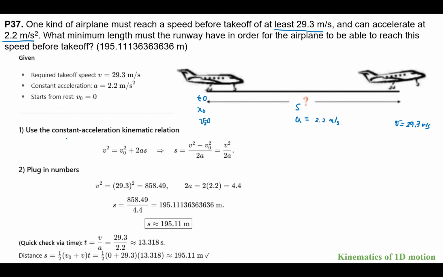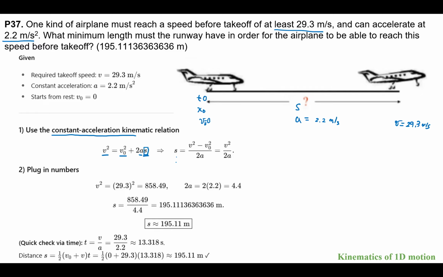For the constant acceleration kinematic relation, we have a very useful equation for finding the relation between velocity, acceleration and distance all together. It is not related to the time at all, but just the initial velocity, final velocity, the constant acceleration and the distance traveled.